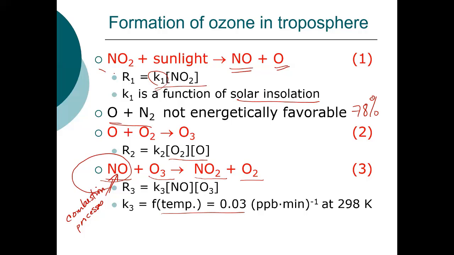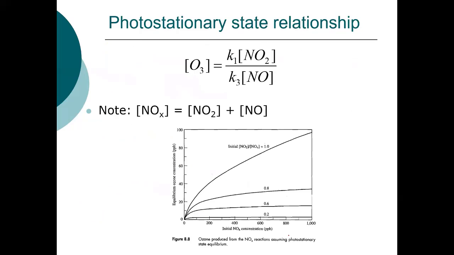Because you need this reaction here, but in order for that to happen, you need the ozone, which forms from the atomic oxygen. And if we look at what is referred to as the photostationary state relationship, we can see essentially the same thing.